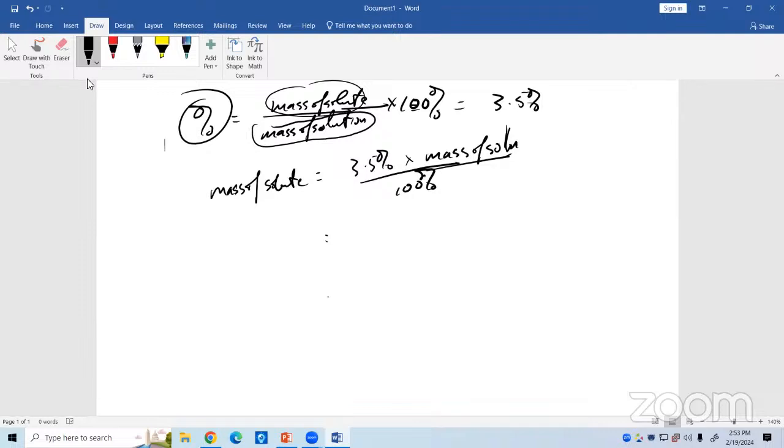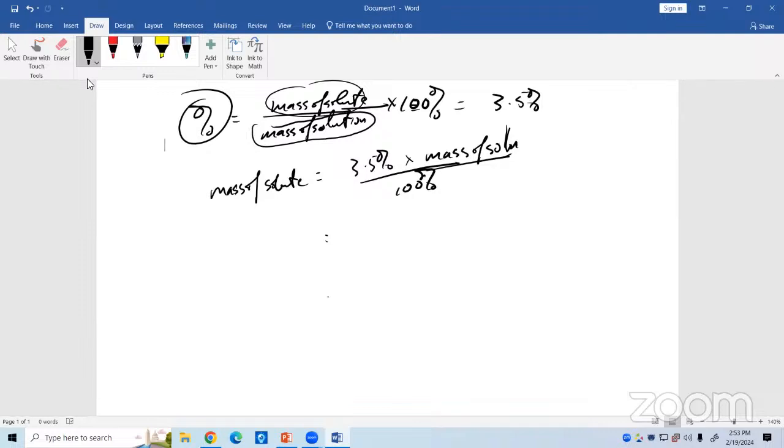They gave us the mass of the solvent. Yes, sir. I figured a way how to do it. Okay, let's hear it. What you want to do is multiply the mass of the solvent by 100% over 96.5%.